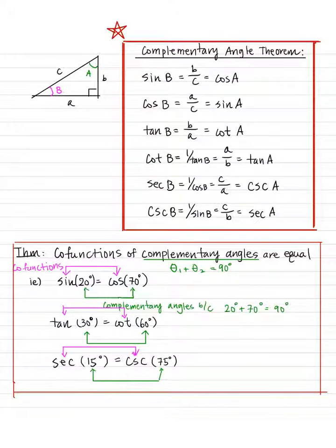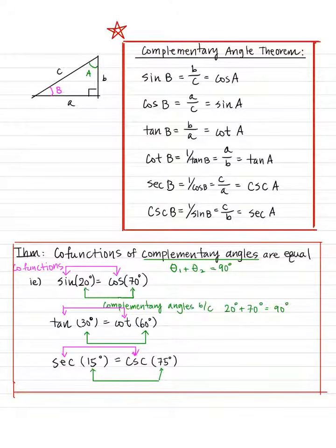And that's the same thing as cosecant of A. And cosecant of angle B is 1 over sine of angle B, which is c over little b, which is equivalent to secant of A. All right. So now, please let me know if you have any questions on that. I know that looking at the triangle upside down and stuff like that gets kind of confusing. But let's go into the next theorem.